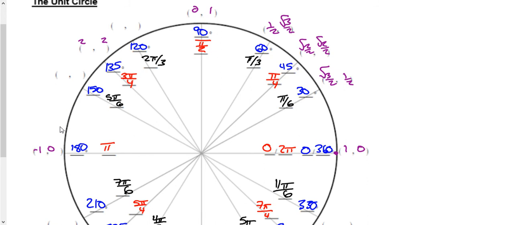Over here, we're going to do the exact same trick, but this time here, if we're in quadrant 2, all your x's need a negative next to them. So I have -1, -2, and -3 all going down the side there. All of it's going to be divided by 2. I have 1/2 here. This is divided by 2, divided by 2, and this is 1 divided by 2, so that means I'm missing a 3 divided by 2.